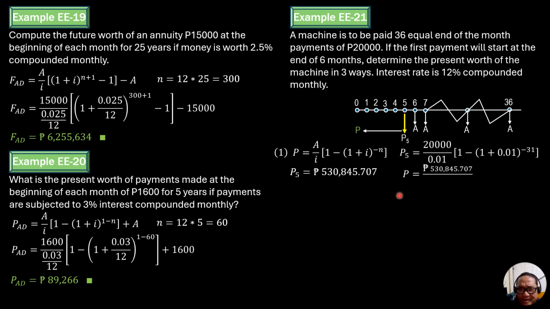So P is 530,845.707 divided by 1.01 raised to 5, which is equal to 505,081. Now for the second method, second approach, this is 20,000 over 0.01, quantity 1 minus 1.01 raised to negative 36.